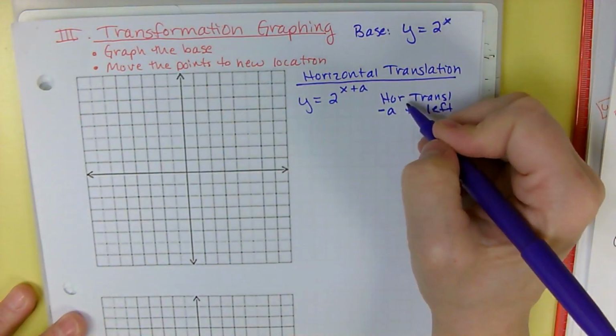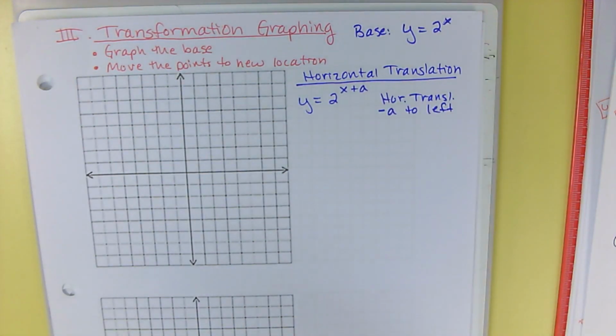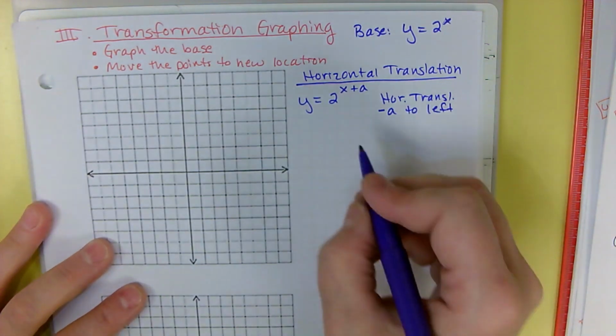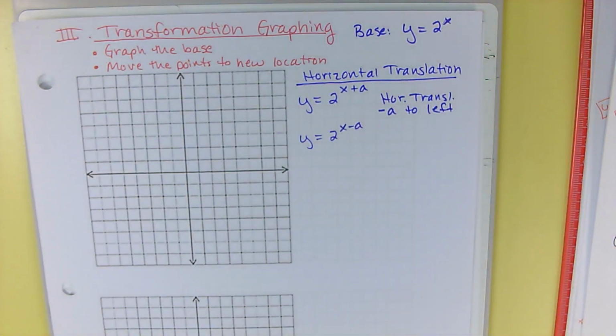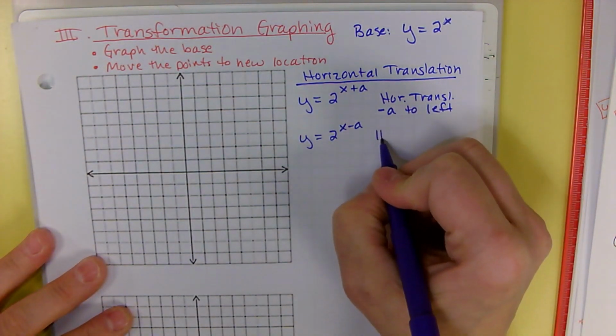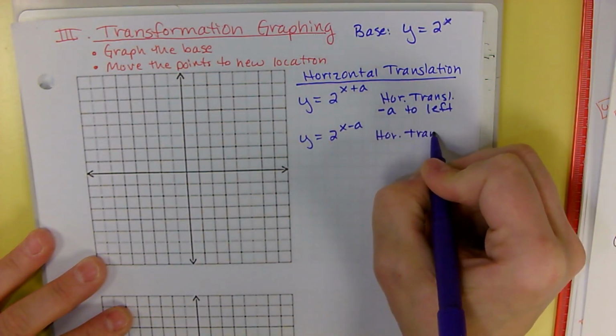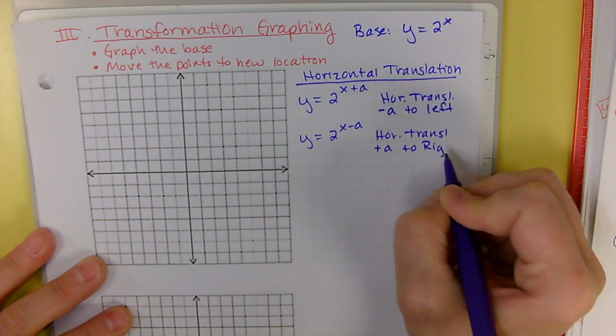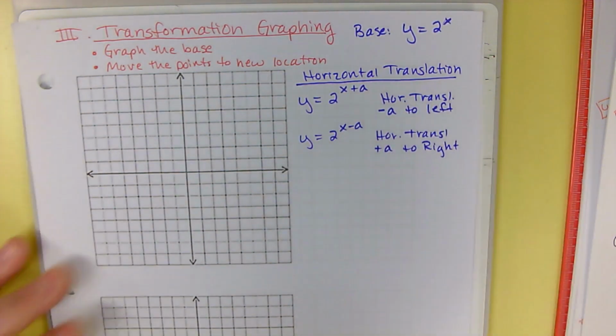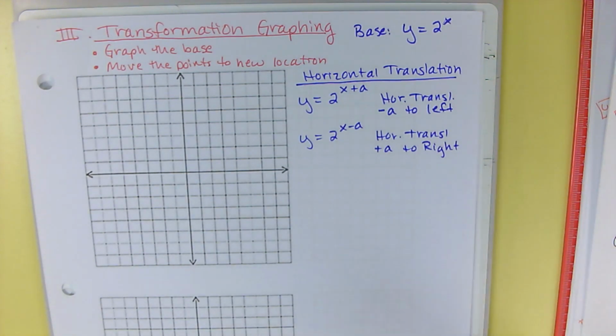Horizontal translation, negative a to the left. If it is y equals 2 to the x minus a, then it is a horizontal translation plus a to the right. So when it comes to horizontal translation, it's the opposite from what you're looking at.